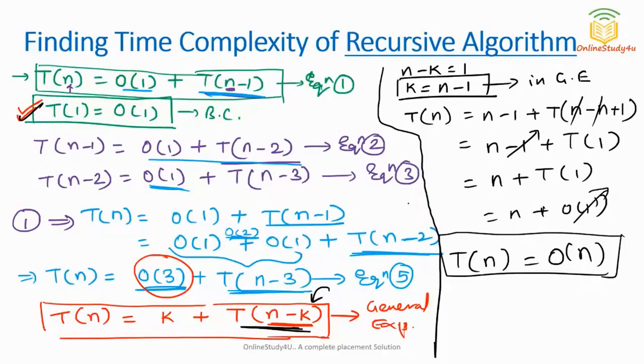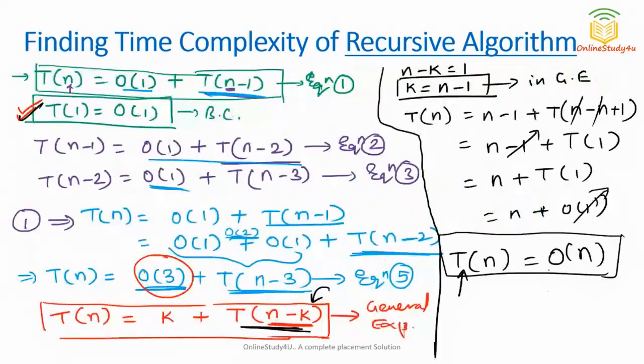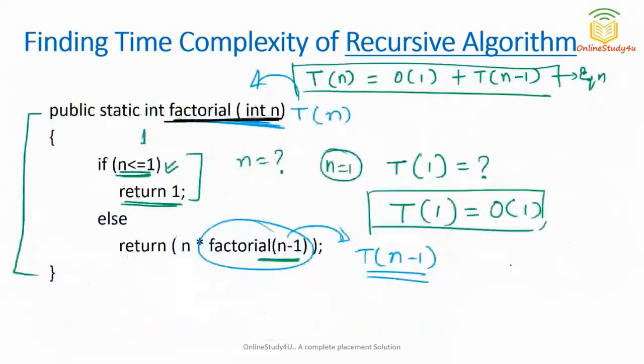Now, any confusion? T is the time complexity of this code. Big O is the notation which I am using to find the time complexity. Step by step you can see I have taken that this will be the whole time complexity.